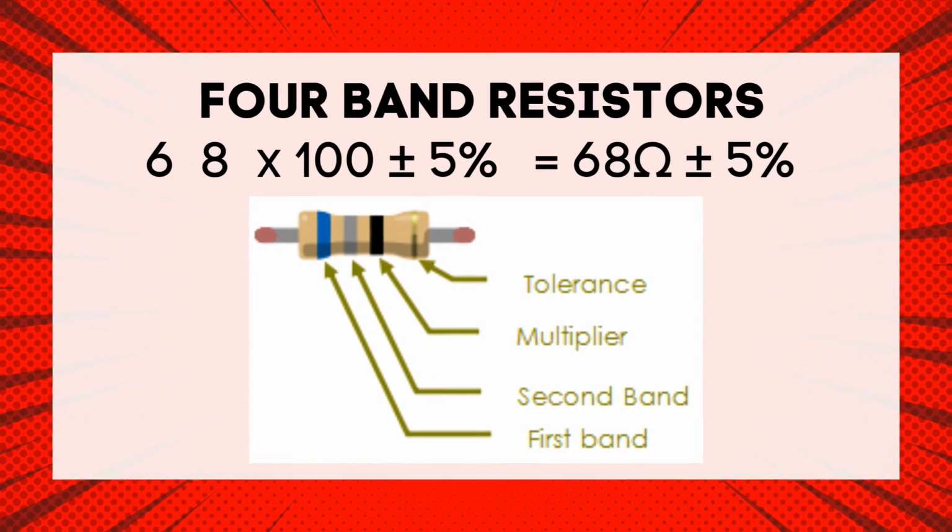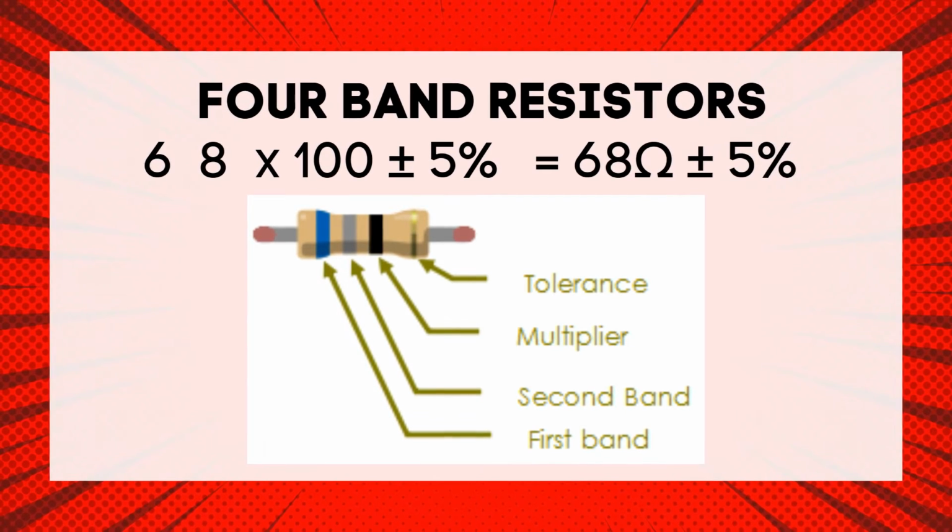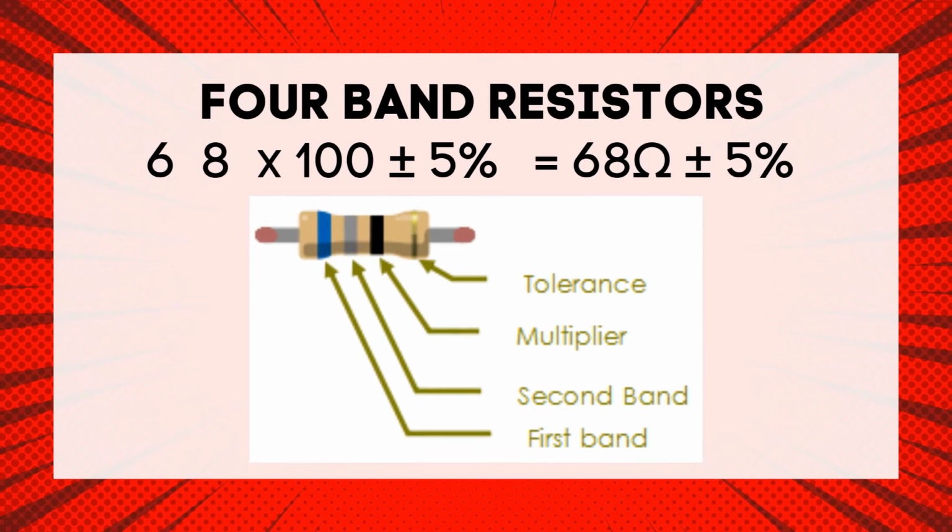Since resistors are often too small to have a value or number written on them, you can figure out the resistance of a resistor by its color code. There are two types of color-coded resistors. The first one is the 4-band resistor. In a 4-band resistor, the first two bands indicate the first two digits of the value.